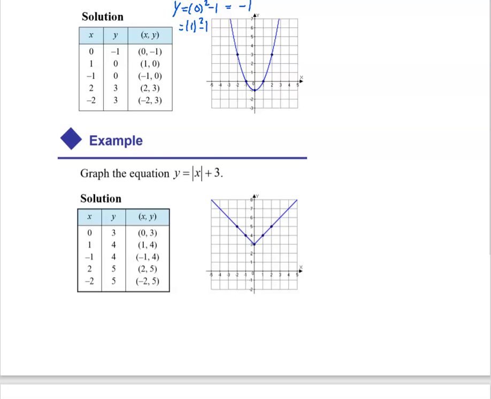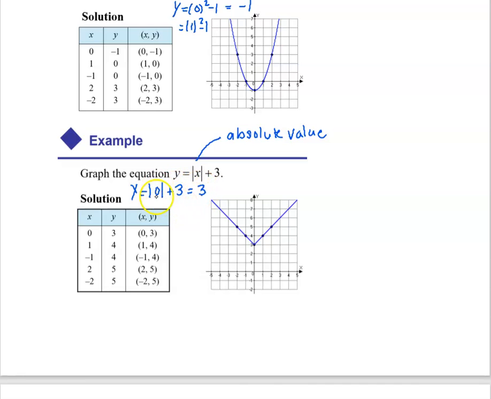Absolute value equation. These are absolute value signs. And the definition of absolute value is how far the number is away from 0. The easy way to think about it is anything inside the absolute value sign, when you solve it, it becomes positive. If it was already positive, it stays positive. And we're going to talk about that some more. But what they've done to come up with these numbers is we've got y equals the absolute value of 0 plus 3.